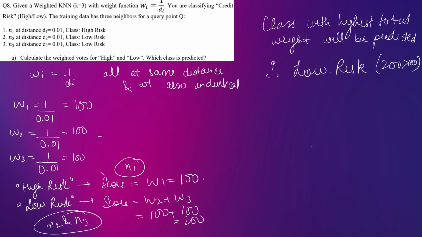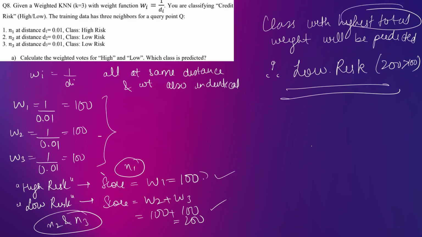So when we calculate weight using the formula given in the question, we get them as 100 each. Now we are given the voting. First votes for high risk, you get a score of 100. Then 2 and 3 are voting for your low risk, so 100 plus 100, that is 200. Now we'll be voting for the highest total weight, that is for your low risk.